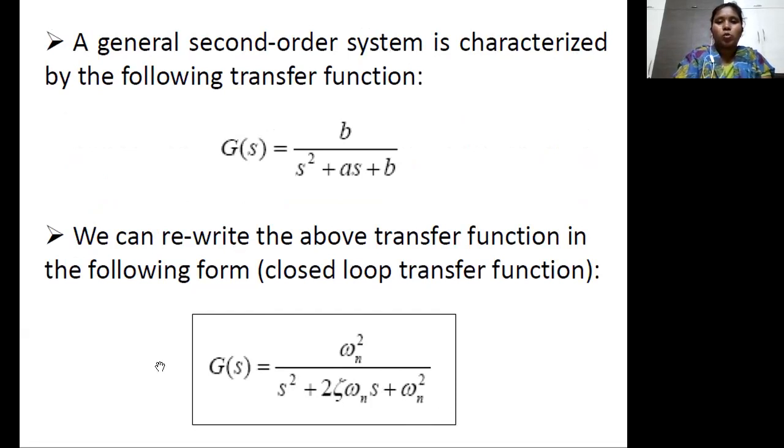This is the standard form of the closed loop second order transfer function. Okay, this is very, very important. G of s is equal to omega n square divided by s square plus 2 zeta omega n into s plus omega n square. This is the transfer function of the second order closed loop system.